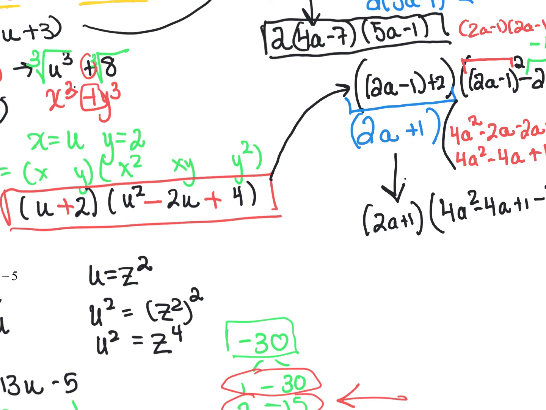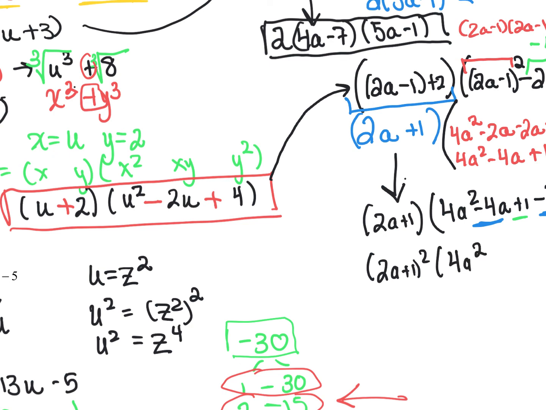Okay, let's combine like terms. Negative 4a and negative 4a. One, 2, and 4.